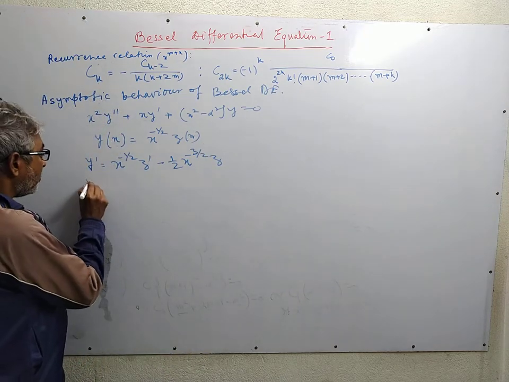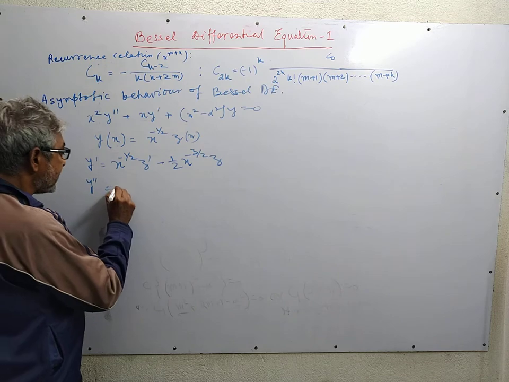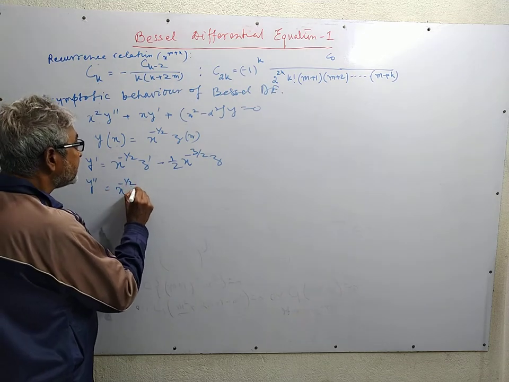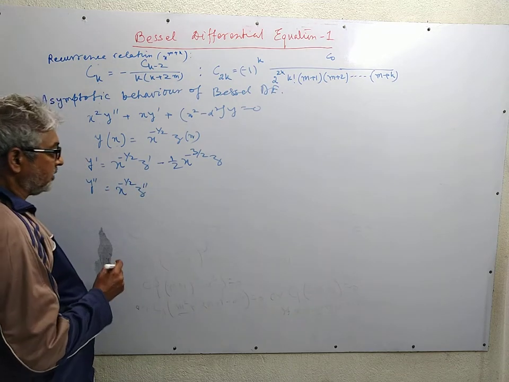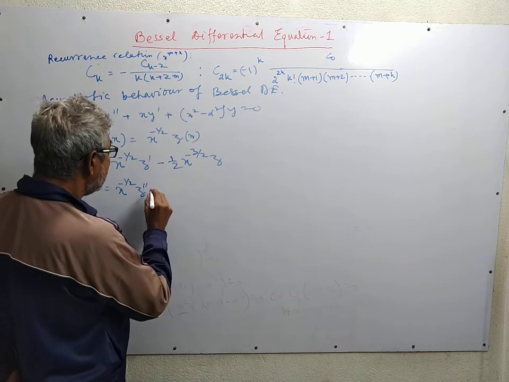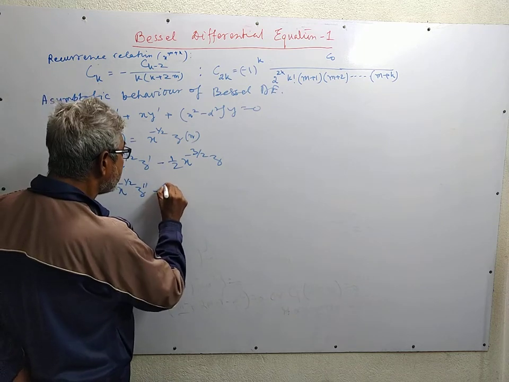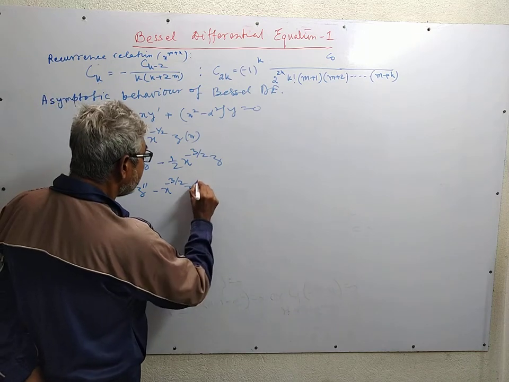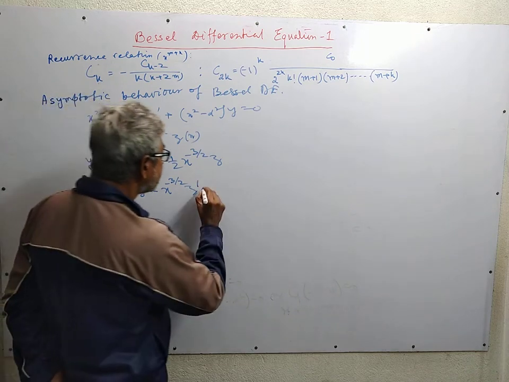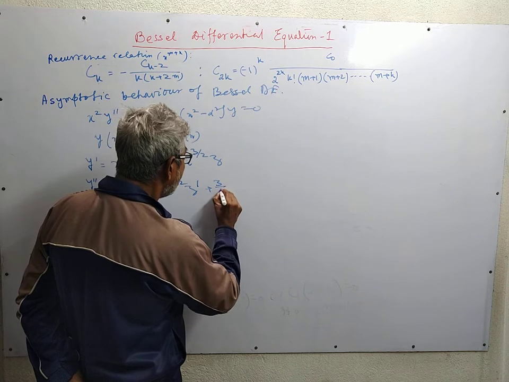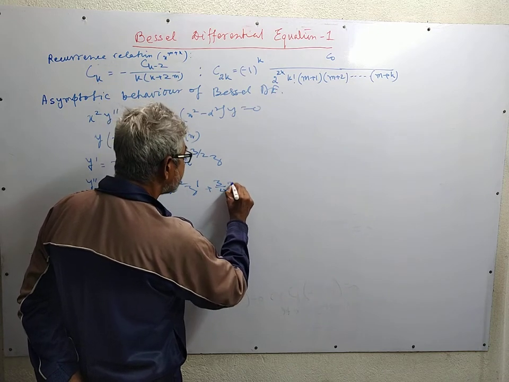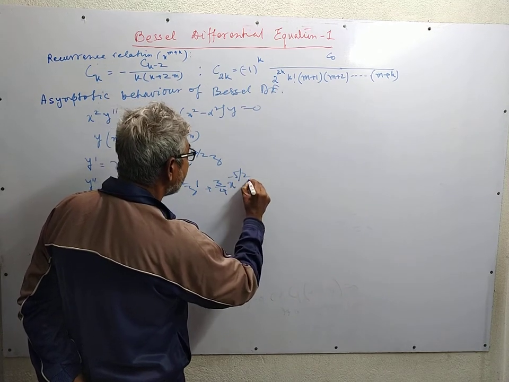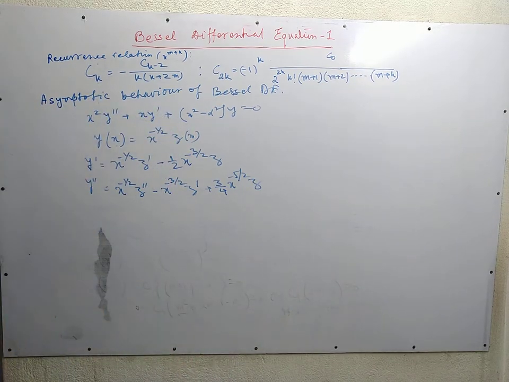And y double prime is x to the power minus half z double prime minus x to the power minus 3 by 2 z prime plus 3 by 4 x to the power minus 5 by 2 z. This is the expression for y prime and y double prime.